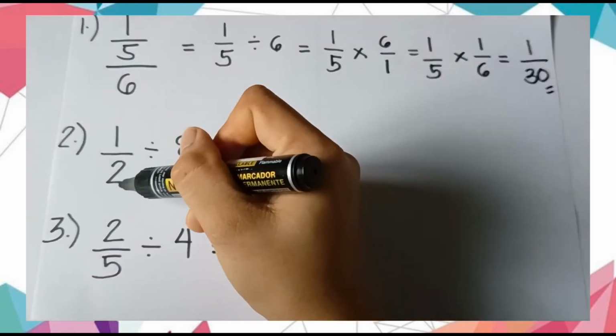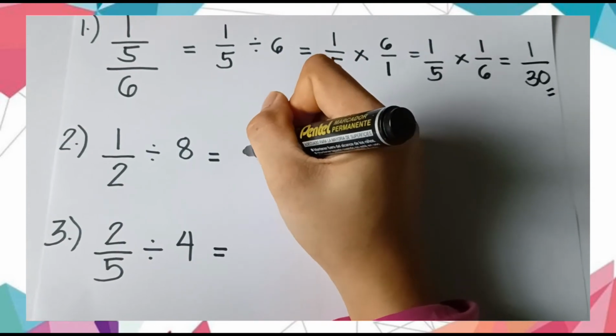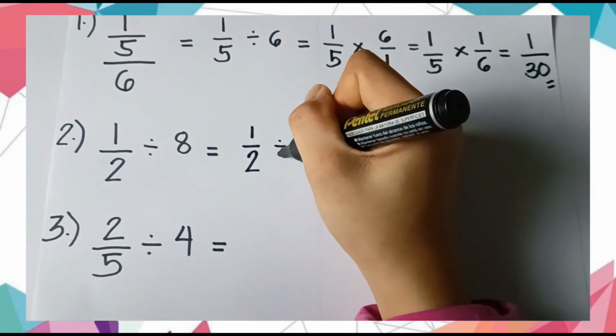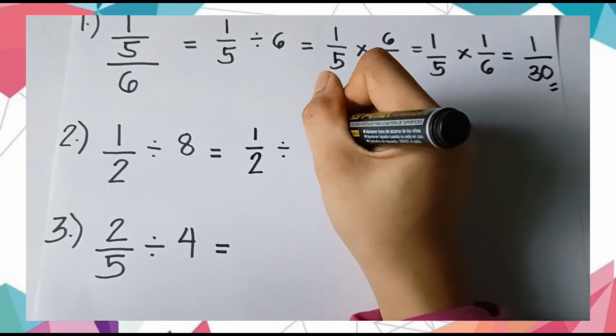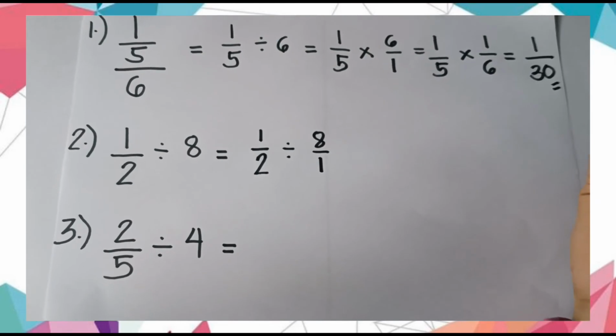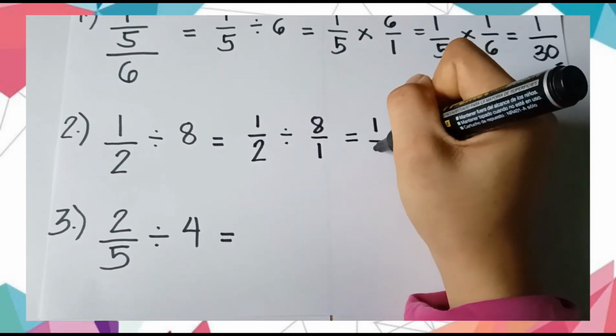Next, number 2. 1/2 divided by 8. A fraction divided by a whole number. We copy 1/2, and we also copy the division, and then we write 8 as 8/1. So let's use the KCF.